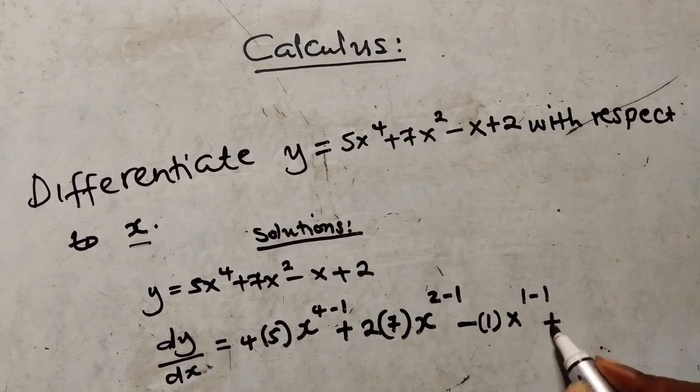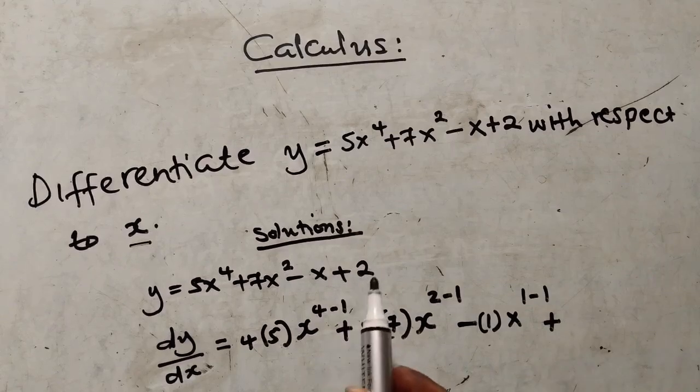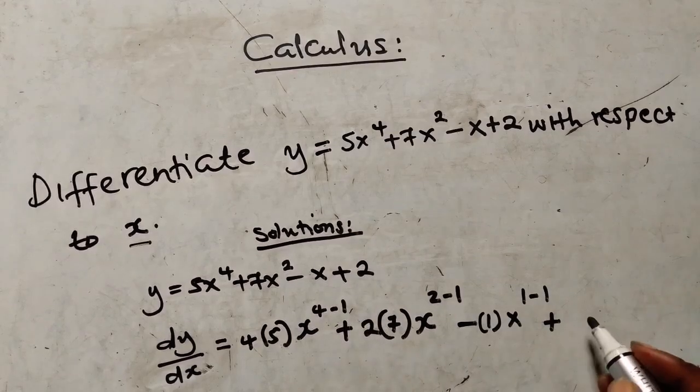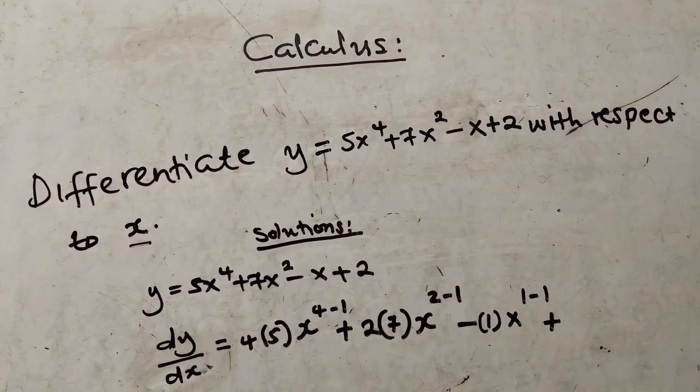Now when you are differentiating the constant, guys, the answer that you get is always 0. So we're going to say 0. Whenever you are differentiating the constant, the answer we get is 0.